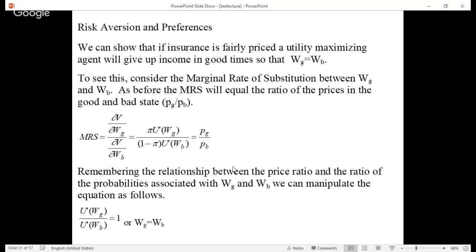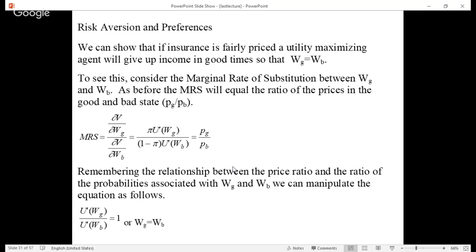So now we can show that if insurance is fairly priced, like I defined it, a utility maximizing agent will have the same wealth in good times and in bad times. To see this, consider the marginal rate of substitution between wealth in good times and wealth in bad times. And just like when we did our theory of the consumer, that marginal rate of substitution has to equal the ratio of prices, PG over PB.